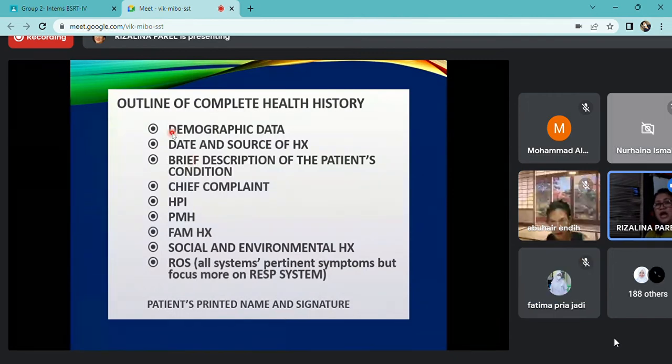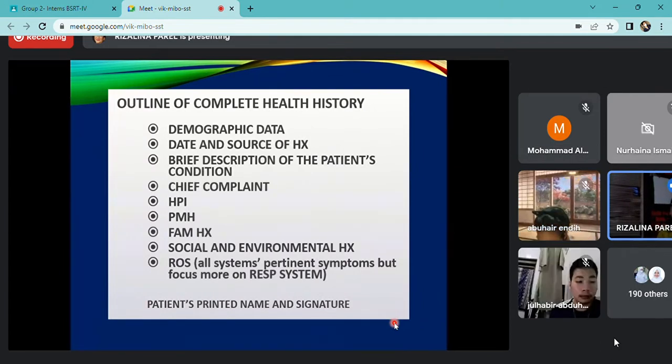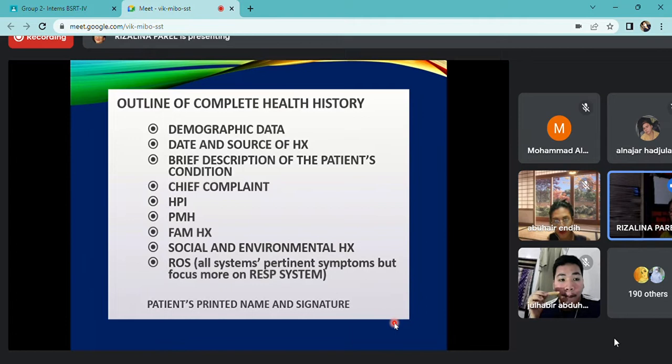Okay, so the outline of a complete health history. So for your medical history, importante na alam mo yung mga contents mo at yung mga ibig sabihin nun at mga i-chart mo doon. For the demographic data, ito yung mga information obtained upon admission. So, ano yung name ng patient, age, address, date of place, okay?